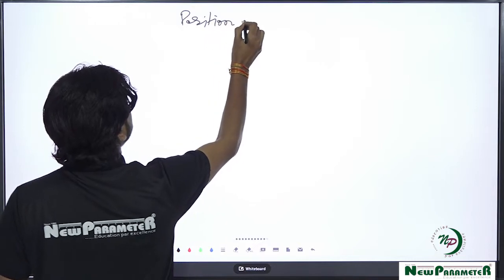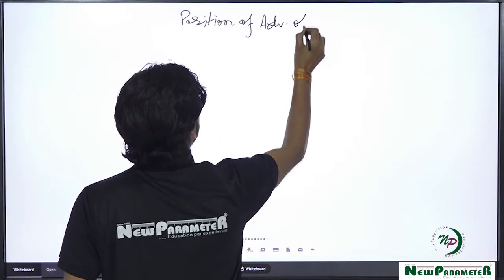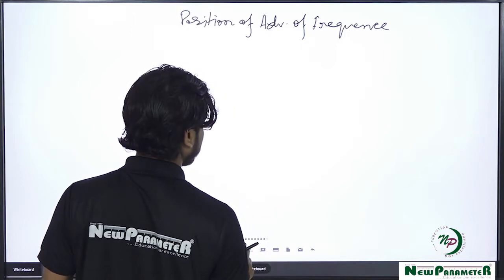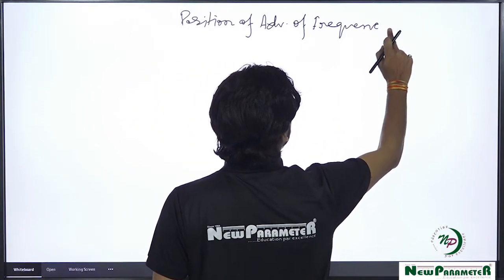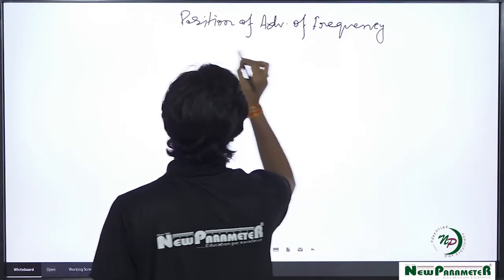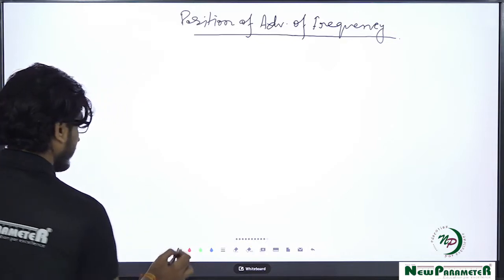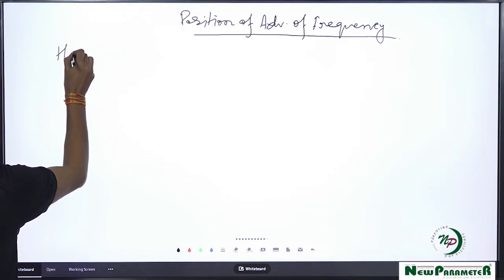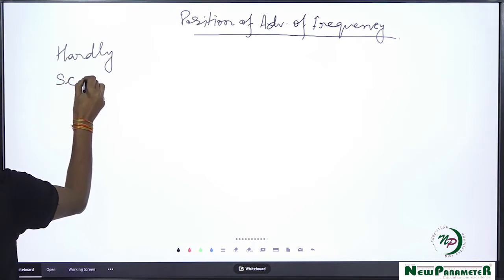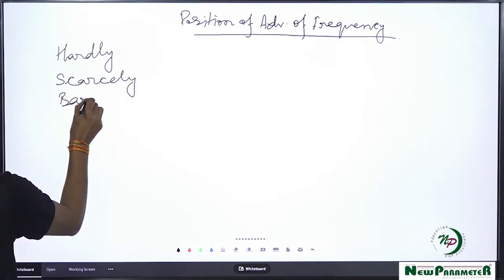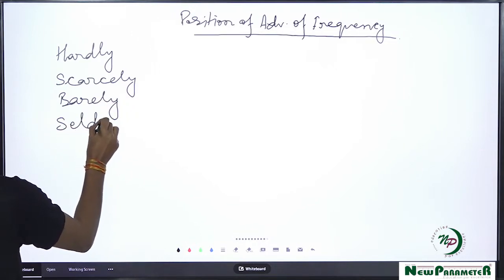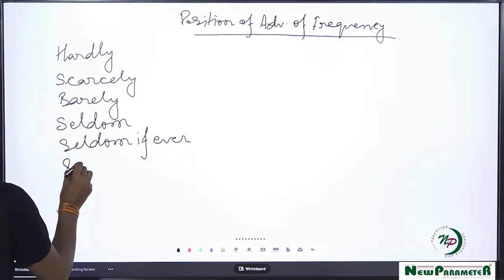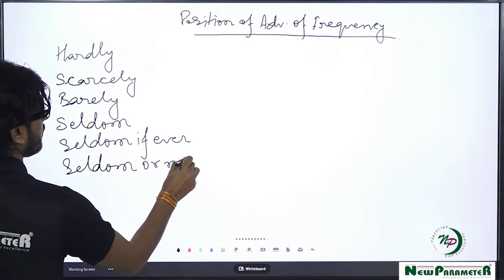Position of adverb of frequency. I'm writing here some adverbs of frequency, that is hardly, scarcely, barely, seldom, seldom if ever, seldom or never.